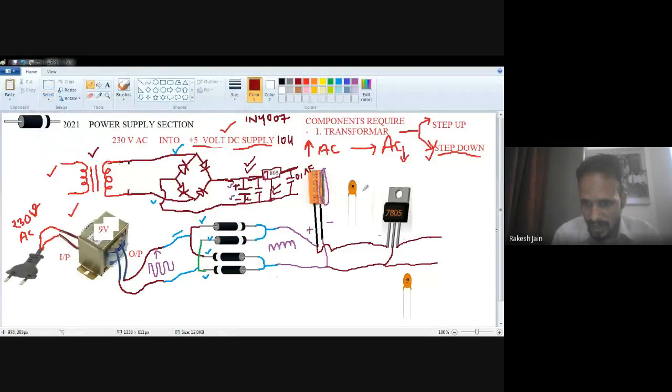So there are two pins of both the capacitors. Because there is no plus or minus, you can connect any terminal at the upper side. The first terminal is connected with the first pin of the voltage regulator IC, and the second pin is connected with the ground.